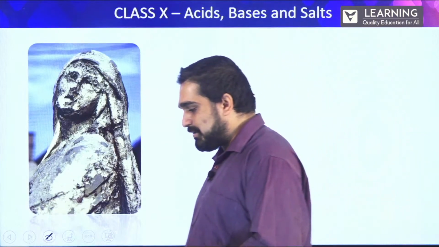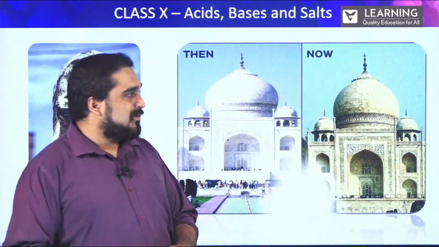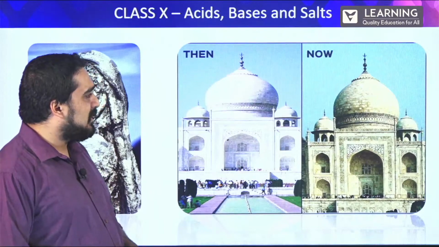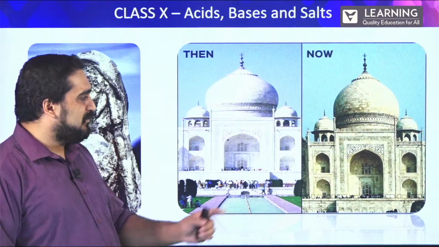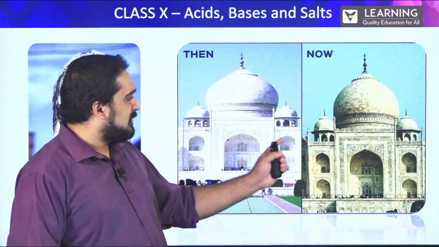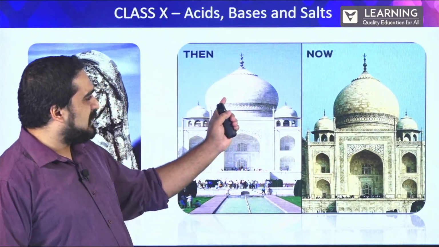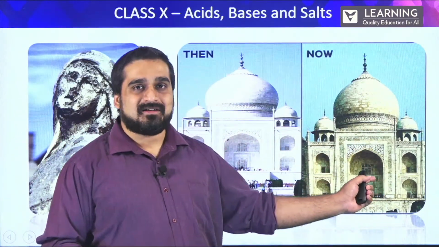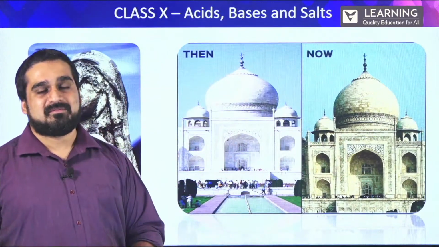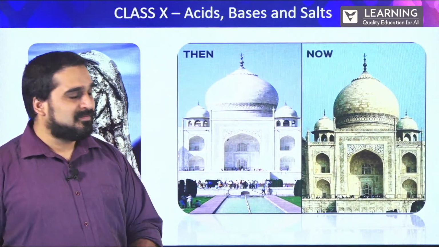Here's another picture of the Taj Mahal then and now. Yes, the difference in the picture, you see, in the first picture it is completely white marble. In the next picture it has been corroded, changed its color, and this is due to carbonic acid. Okay?